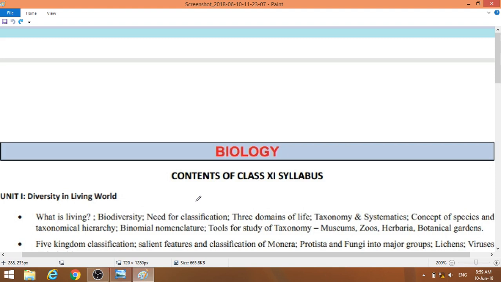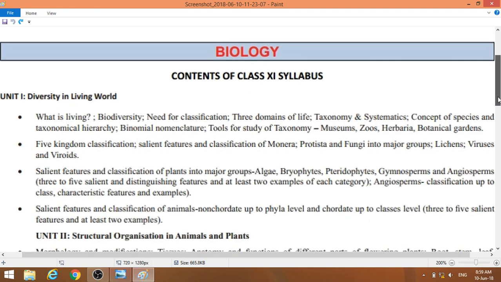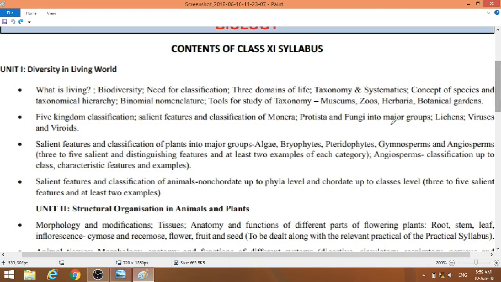The syllabus consists of 2 parts: the contents of class 11th and the contents of class 12th. Under class 11th, we have the first unit, which is diversity in living world. This is the basic unit which you must have studied in your 9th, 10th class.